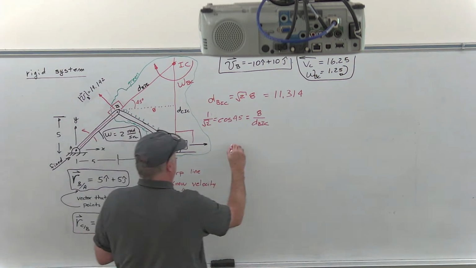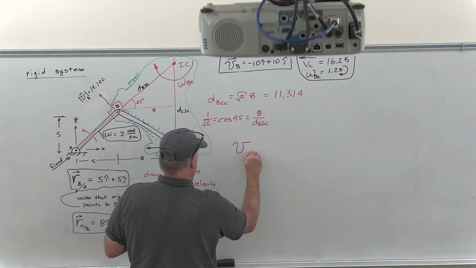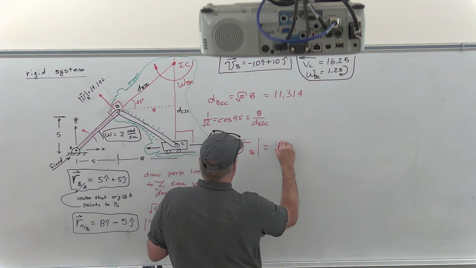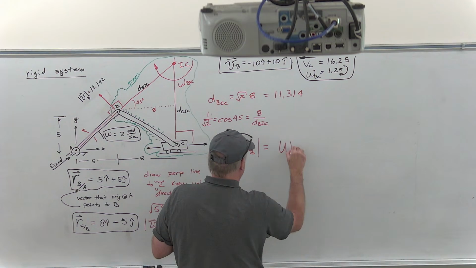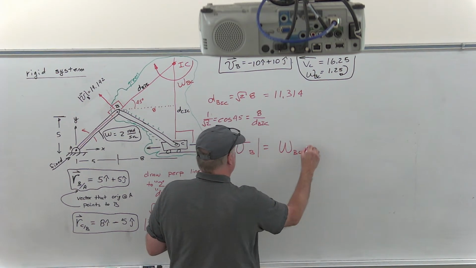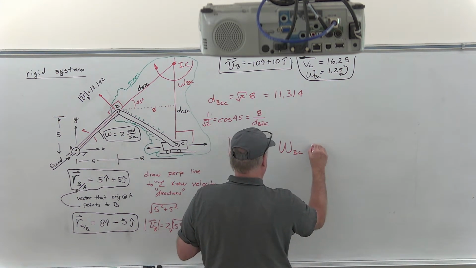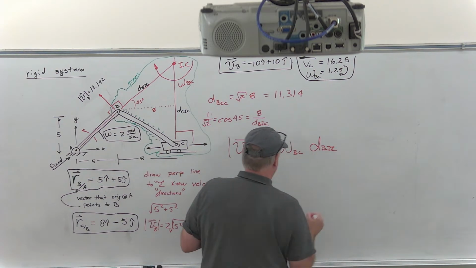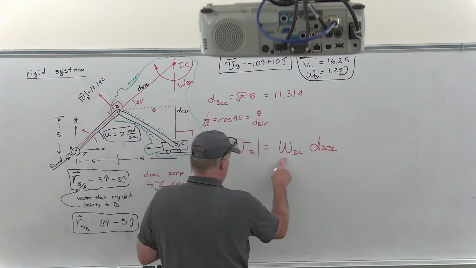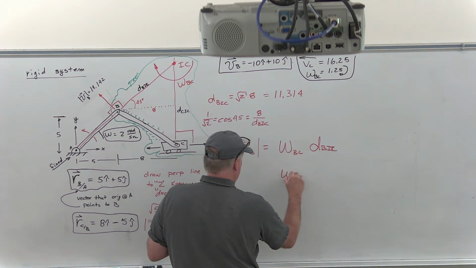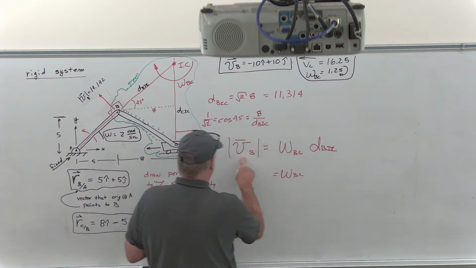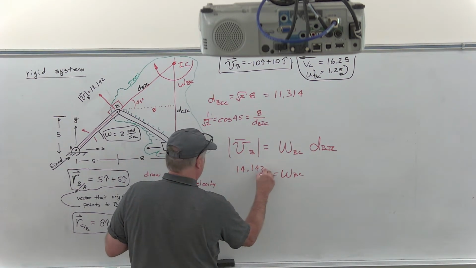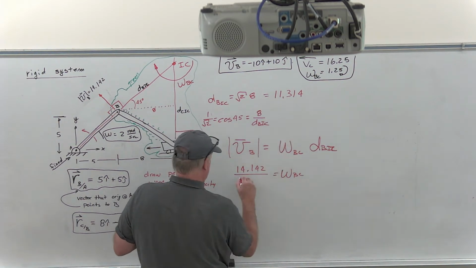Okay, so in other words, velocity of B, its magnitude is equal to omega BC times the distance from B to the instant center. So if I want to know this, I take that velocity, which again, I'm sorry, I truncated a few, and I divide it by that.